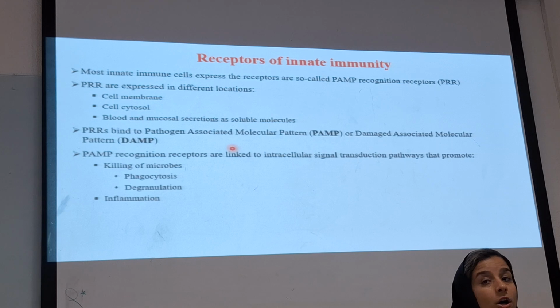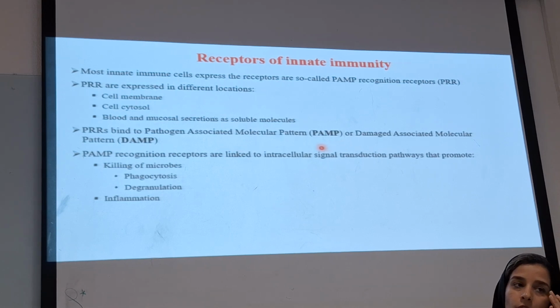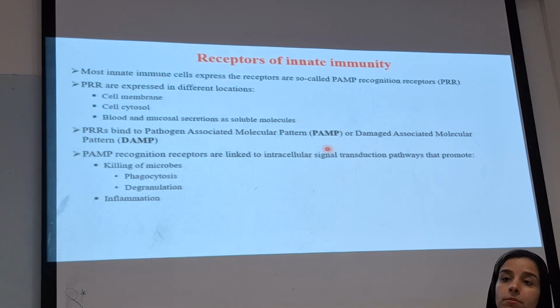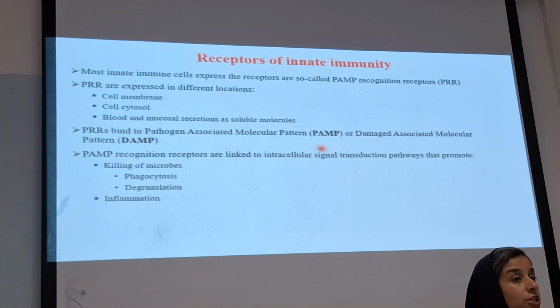But what is the ligand for these receptors? PRR, okay, in short, I say PRR. One type of ligand for these receptors is PAMP, which means pathogen-associated molecular pattern. Another type of ligand for these receptors is DAMP, damage-associated molecular pattern.